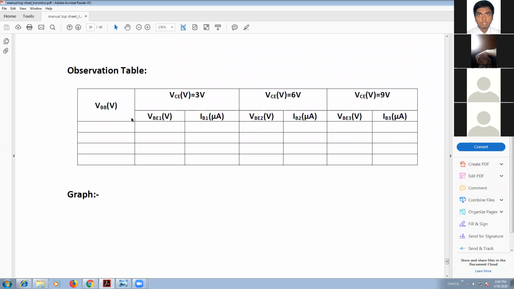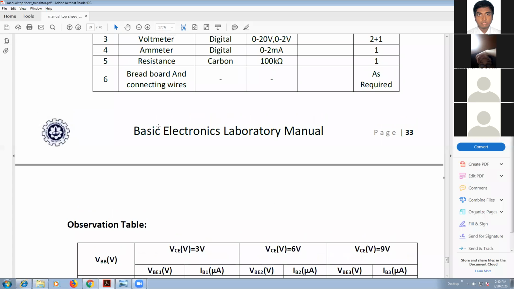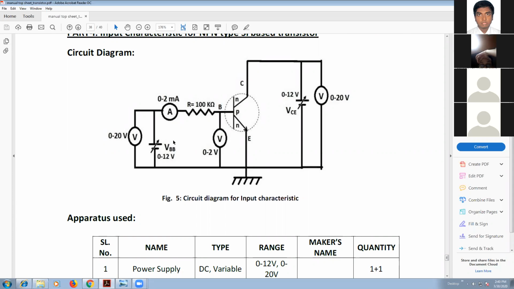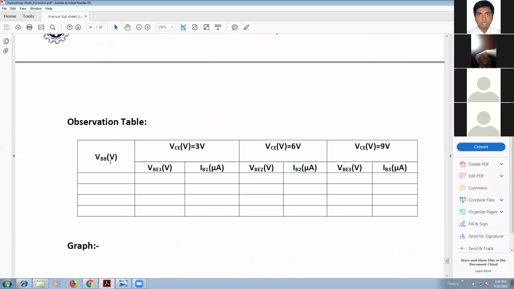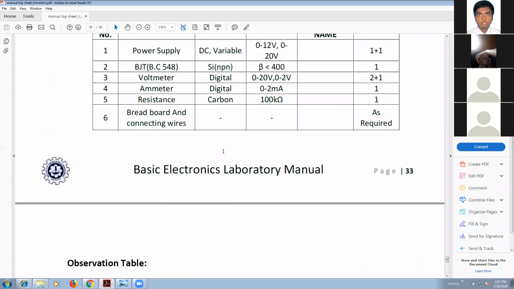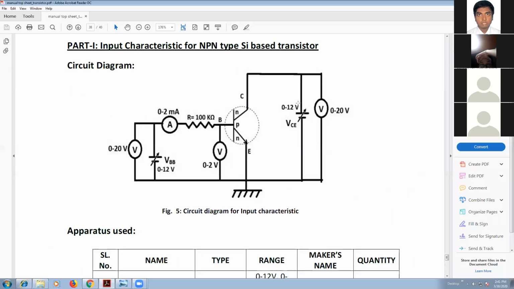VBB means we have to vary this VBB by 0.2 volt from 0 volt to 12 volt, and we have to keep VCE constant, first at 3 volt, by the right hand side power supply, which is connected between VCE.